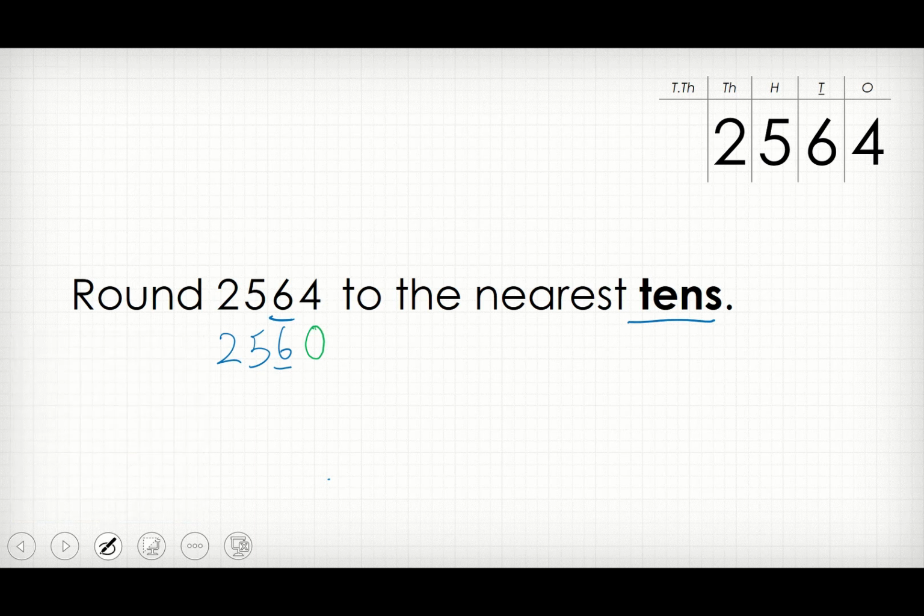Then, to find the upper tens, we simply add 10 to the lower tens, and that will give us 2570. So the number you get when you round 2564 to the nearest tens is either this or this.